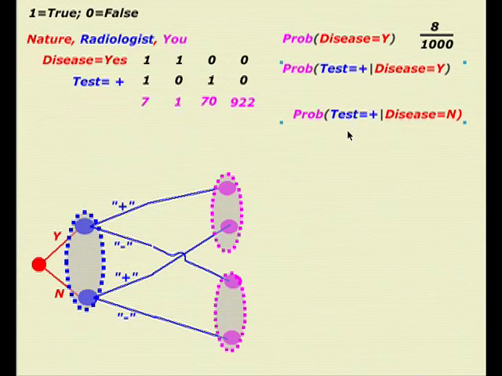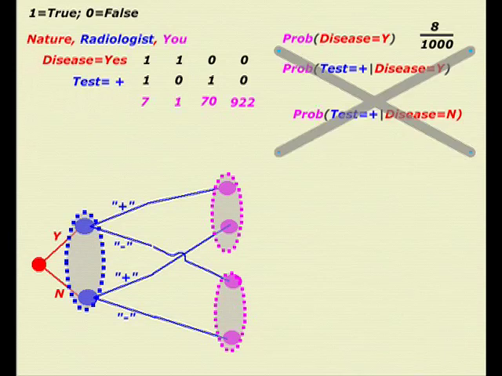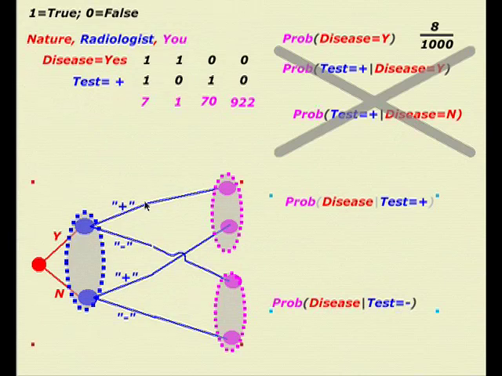Okay? Now, supposing we just cross those guys out, because we're not interested in those. I'm sitting here as a doctor, I don't see whether they have a disease. I don't see whether my patient has the disease. What I see is this guy has given me a test result that's positive. What should I think about the chances of the person having a disease given the test result is positive?